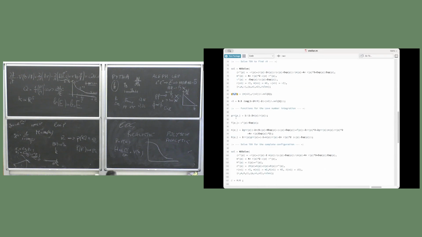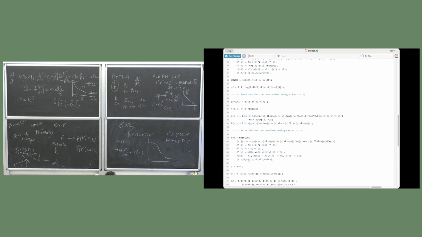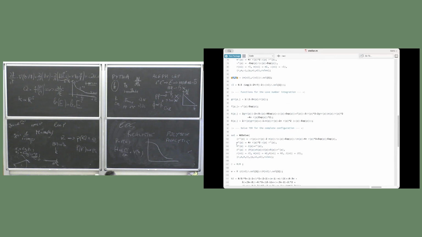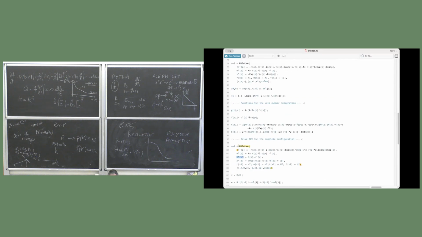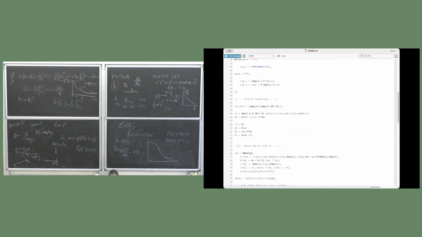Okay, and the last thing is this part here, which is the integration of the perturbation. So this is the integration of the H, which is the metric perturbation. It comes exactly with the same structure as before. You have to specify the initial condition that we discussed yesterday. So in this code that you can play with, there are initial conditions for all the variables, and in particular, there is a condition for H, which we discussed yesterday.